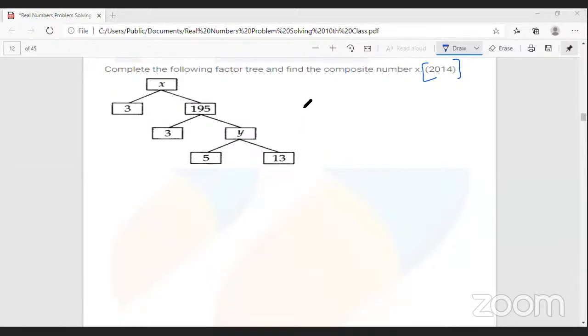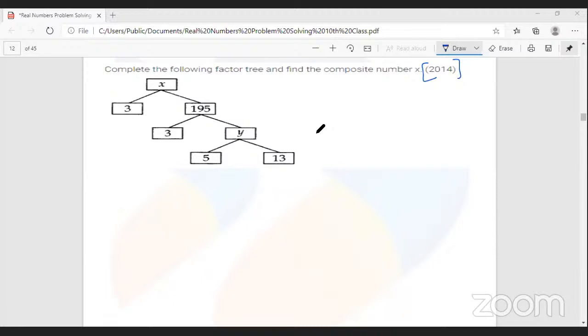Ma'am, what is the correct way CBSE would prefer and give us marks? Yes. This will be given in a very short answer, or if you have that MCQ, 1 mark questions, then you can directly write the answer that X is 585.